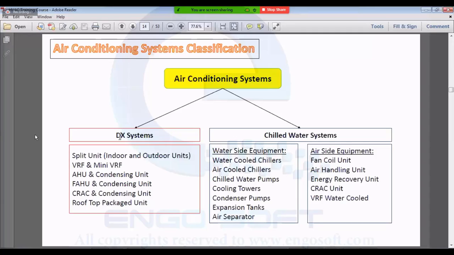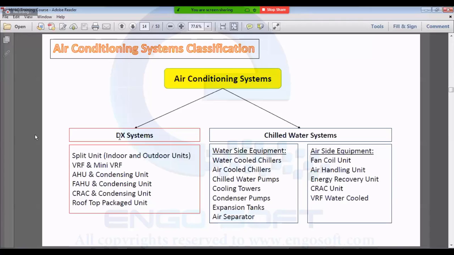The fresh air handling unit doesn't have a return duct, because it gets the fresh air from the outside and supplies it directly to the space. While the air handling unit has a return duct because it returns some of the air of the space to be mixed with the fresh air coming from the outside. Do you understand? Yes. Okay.